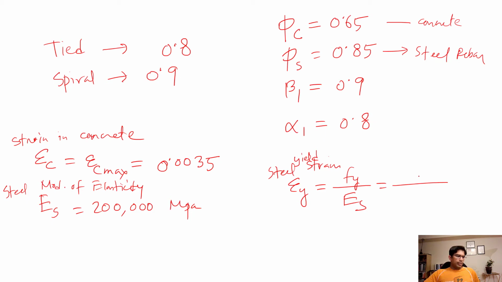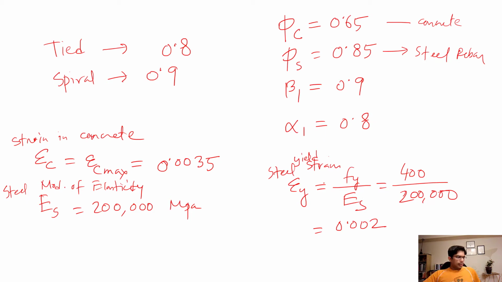If our f_y is 400, for example, not necessarily always 400, it can be another value too, then 400 over 200,000. If it is a 400 MPa rebar and the modulus of elasticity is this, then epsilon y is 0.002. So you need to know all these numbers and use them in the problem statements.